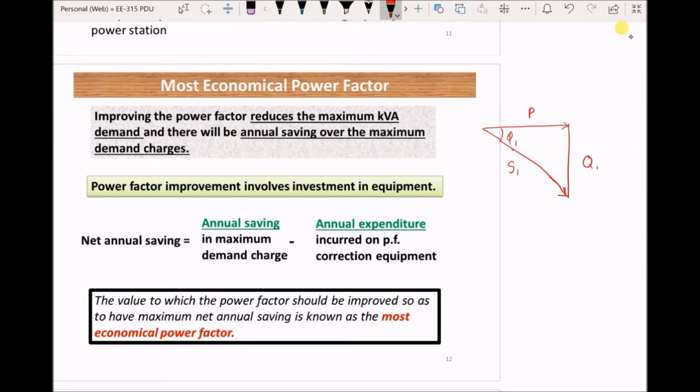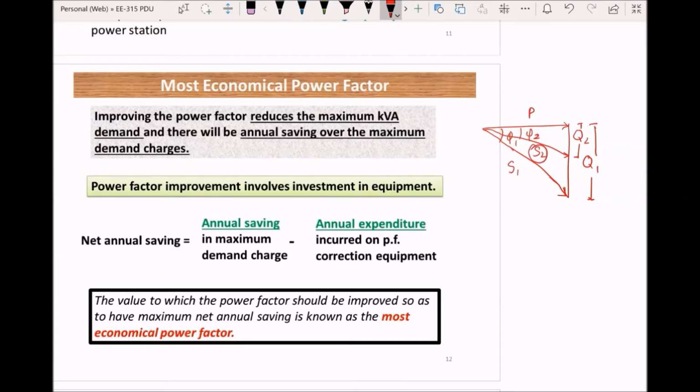When this was improved to some new value, let's say phi 2, then this became S2 and this portion became Q2, and Q1 was from here till this point. So the kVA demand decreases to some new value, which is S2.